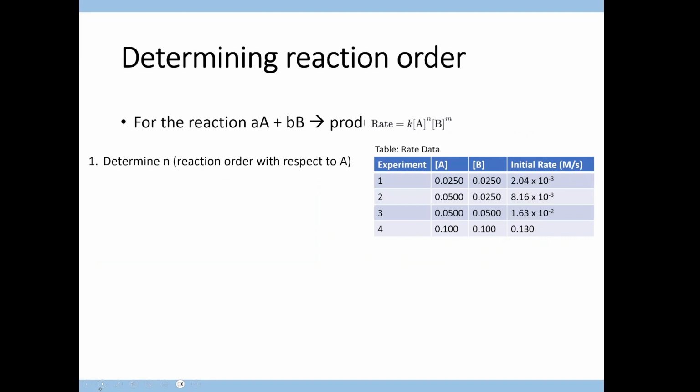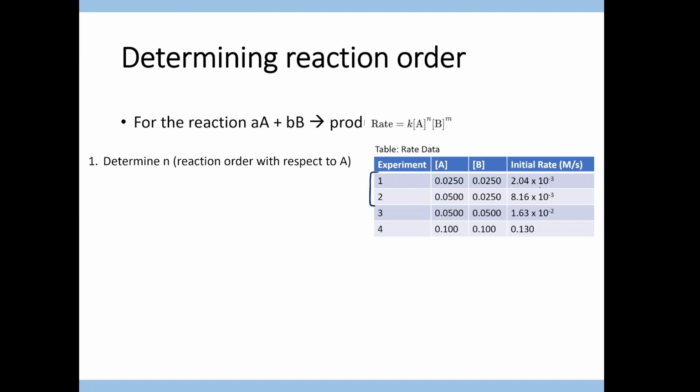To determine the reaction order with respect to any reagent, we have to find two sets of experimental data where the concentration of the reactant that we're interested in is the only thing that changes. So for A, we're looking for the reaction order with respect to A. In experiments 1 and 2, the concentration of A is doubled, the concentration of B stays the same.